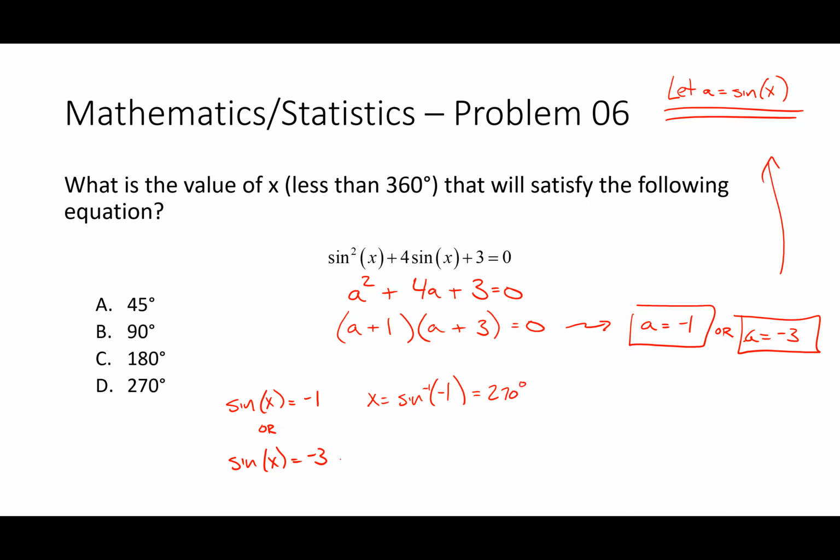But if you plug in x is the arcsine of minus 3, chances are your calculator will spit out an error. Why is it spitting out an error? Well, I'll show you why. First off, let me go ahead and box the answer.